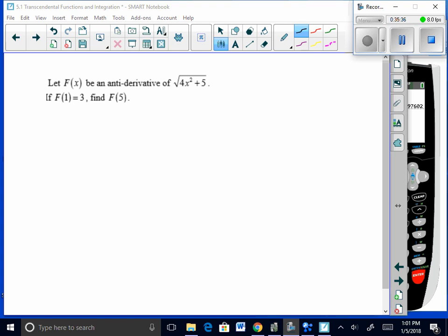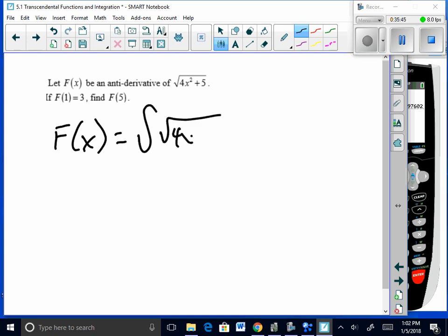Okay, so this next one is done the exact same way. We know F is the antiderivative of that root, so I know if I did the integral of this, the answer is F. It wants me to find what F of 5 is, and it told me what F of 1 is. Again, the 1 and the 5 are x values, so I can put those on my limits.